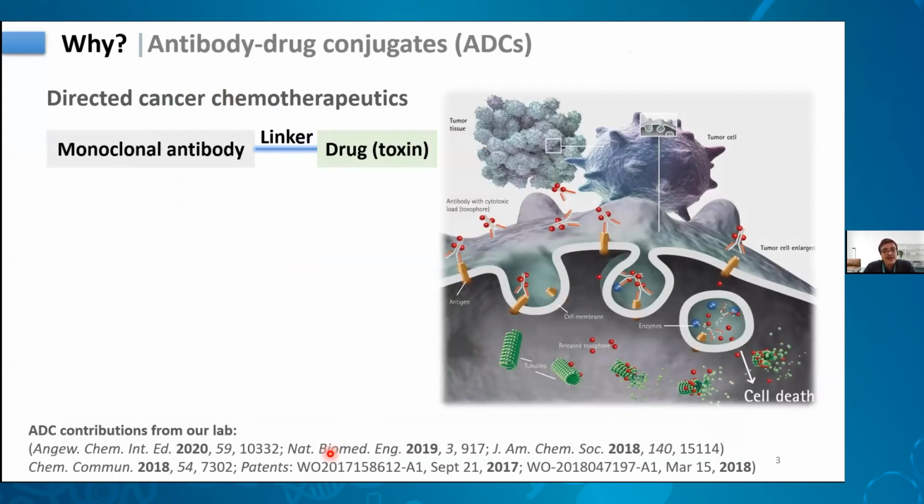Now, it provides a state-of-the-art technology, and as the name suggests, it's a combination of a monoclonal antibody that is connected to a drug or a toxin molecule through a linker using covalent bonds. So when these ADCs are given to the patient, the job of the antibody is to go and selectively bind the antigen that is overexpressed in the tumor cells, but not in the normal cells.